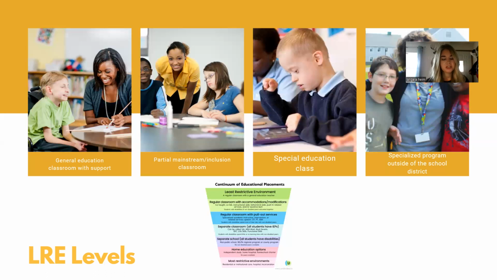The special education classroom: it's a program created for students who have specific and individualized needs where they can get the appropriate support. So they would mostly be in the special education classroom with the special education teacher.